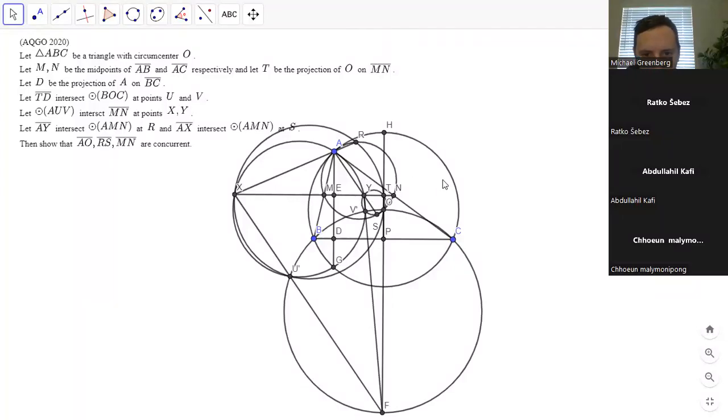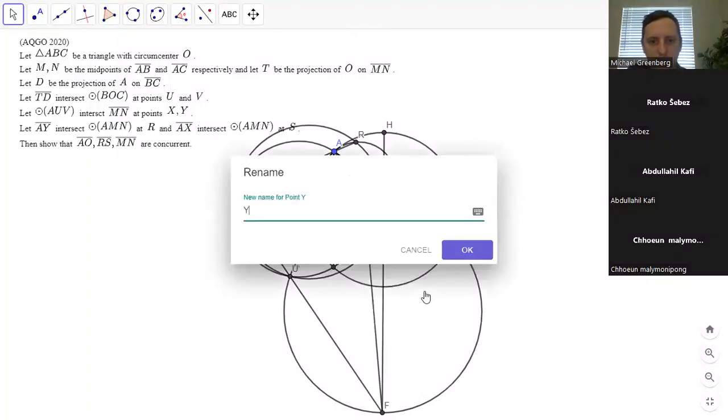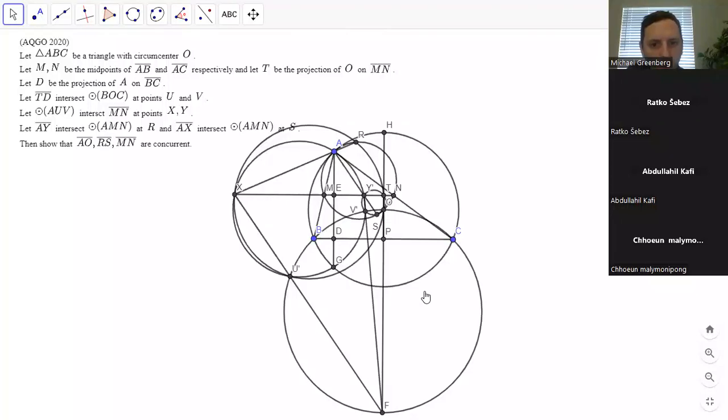And if we did that, that would still be okay. So it would be where AU prime V prime intersects them, X prime and Y prime. Okay.